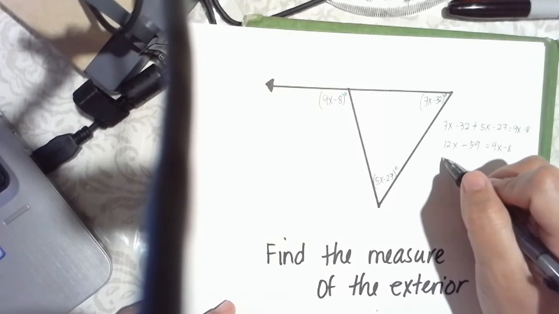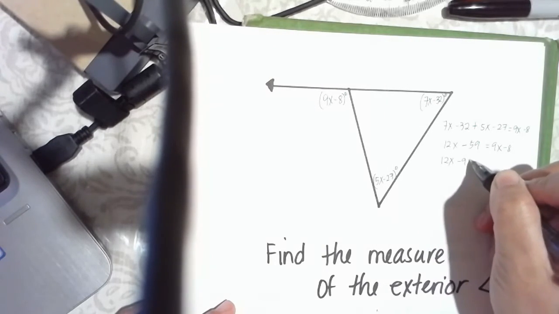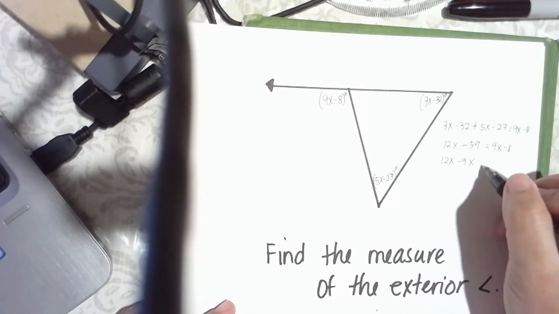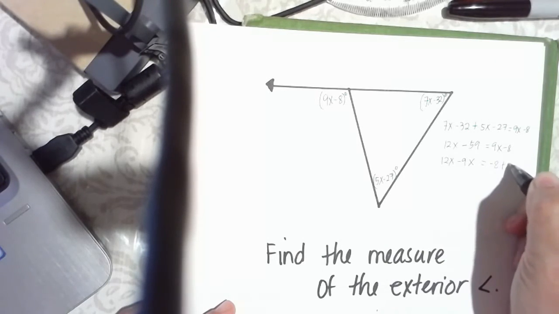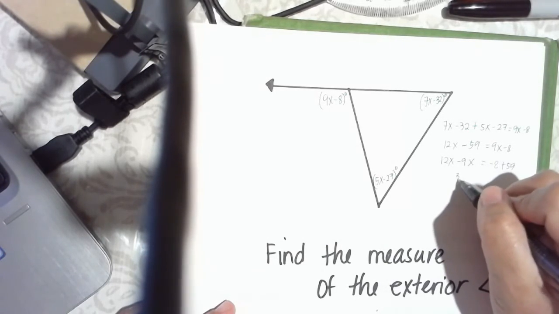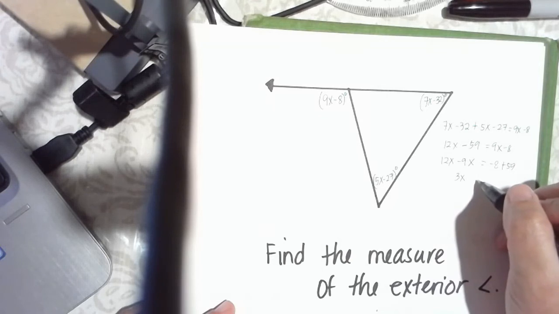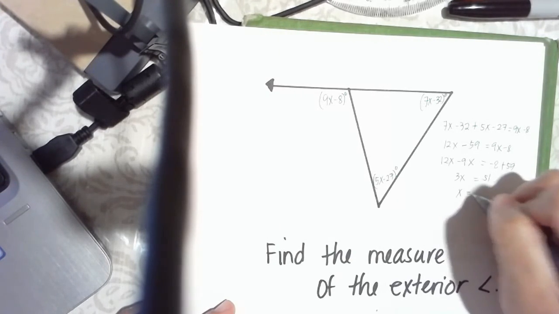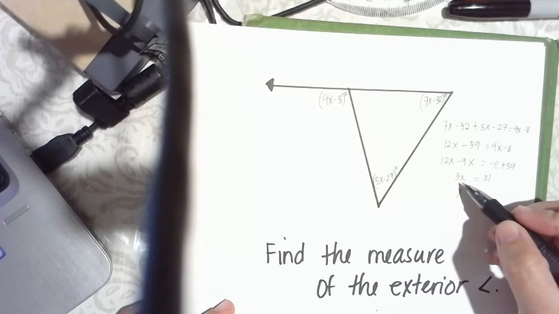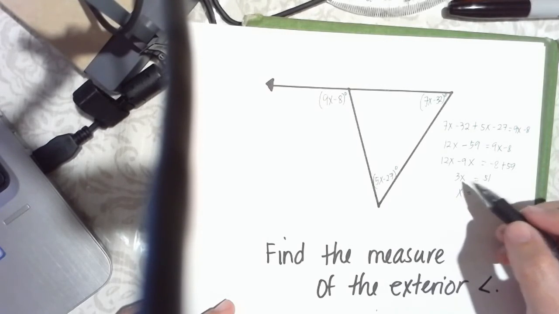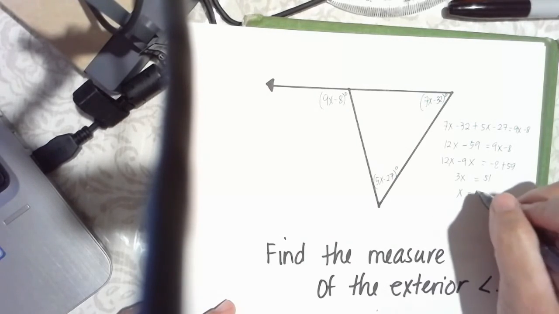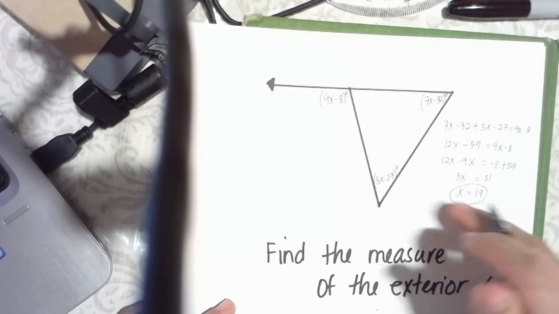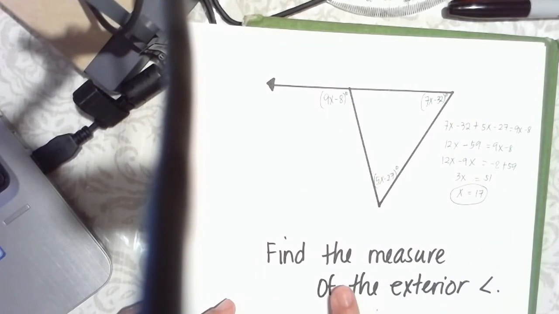So therefore, this will give you 12x, combine like terms. So that's what I'm doing right now. Plus 59. This will give us 3x equals 51. So x is equal to 51 divided by 3, which is equal to 17. X is 17, and then, as I said, we need to find the exterior angle.